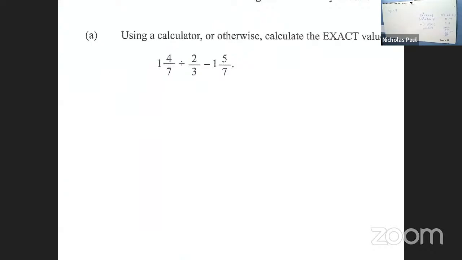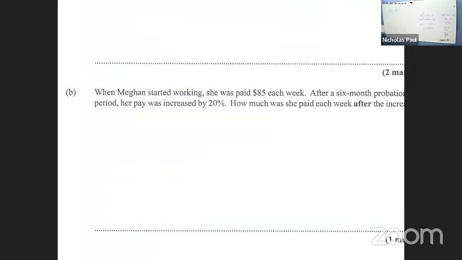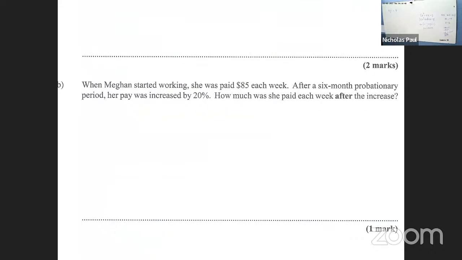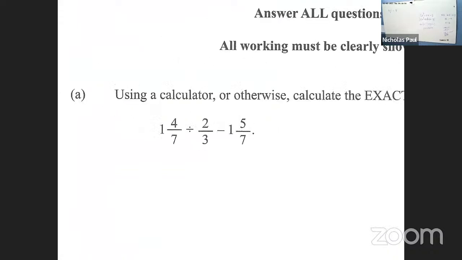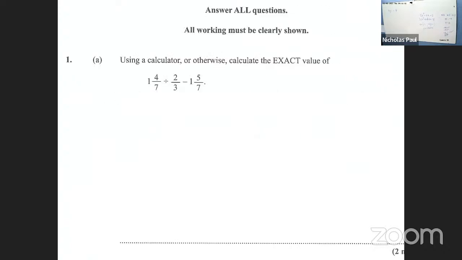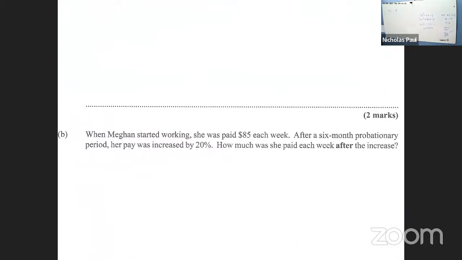Next one. You get the calculator? You do division, right, just like those parts.